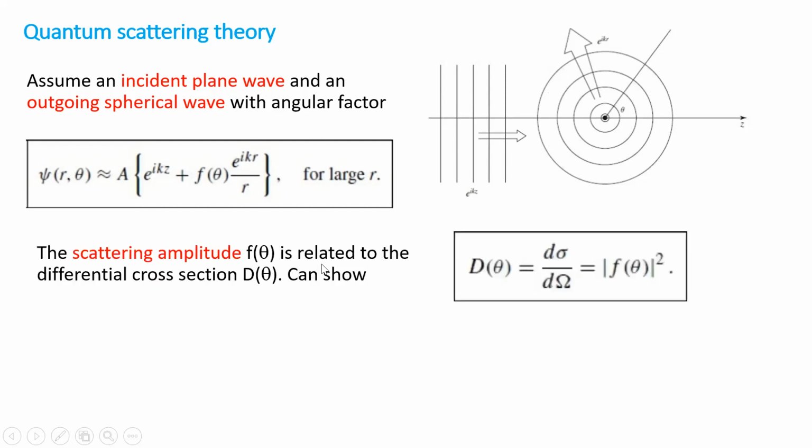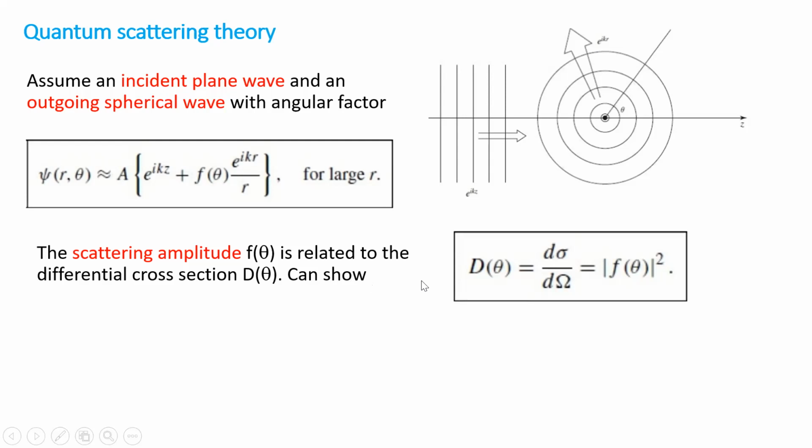Okay, so it turns out this scattering amplitude, this factor here, this f of theta, which multiplies the spherical wave, is related very closely to the differential cross-section, as would be measured in an experiment.